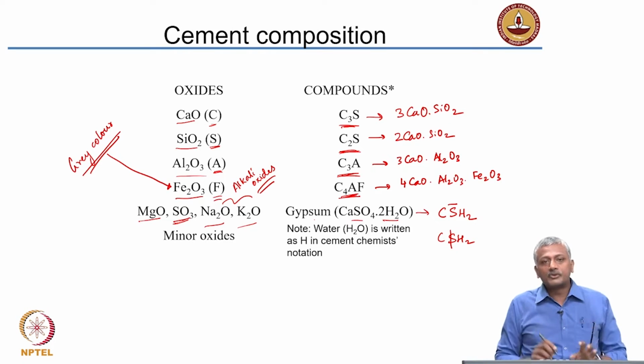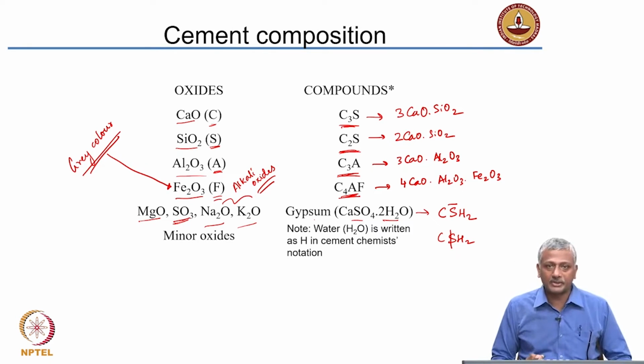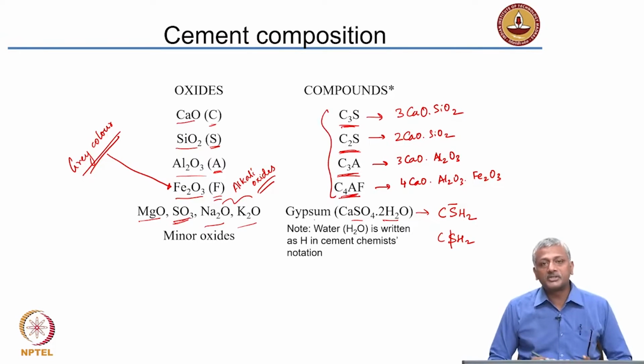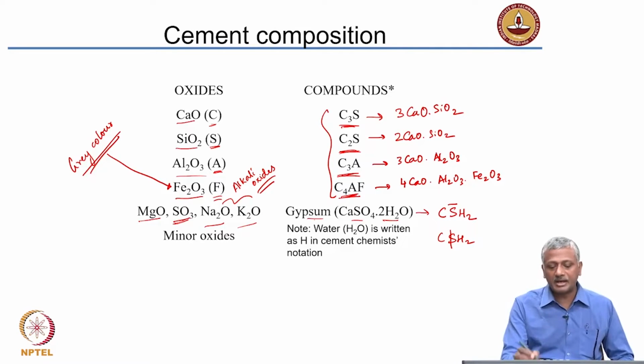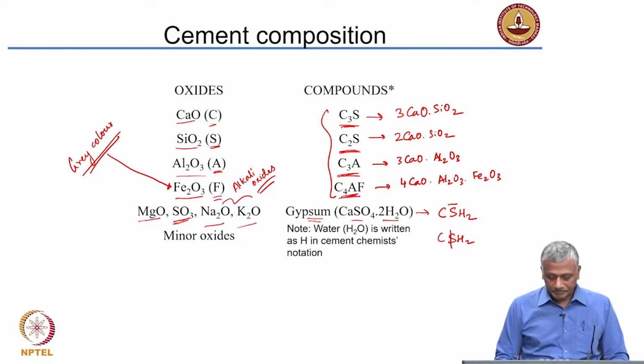Don't confuse yourself with this, don't worry about it, it's just the way that cement chemistry notation works. For the most part, you need to remember these 4 principal products that are present inside the clinker that comes out. Of course, gypsum is added after the clinker comes out and proportioned together with the clinker to make your Portland cement.